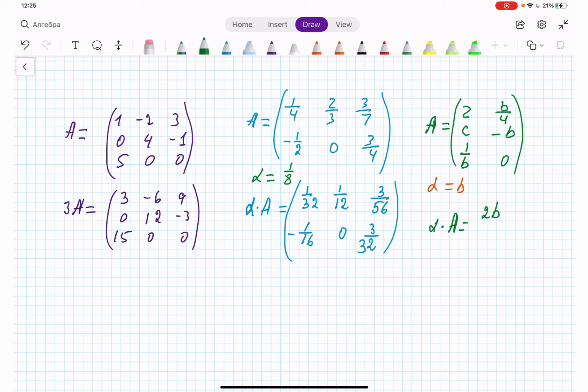Because alpha equals B. 2B and then B²/4 and then BC, -B², 1 and 0, right? We multiplied B by every single term.